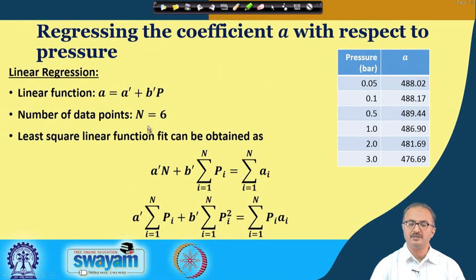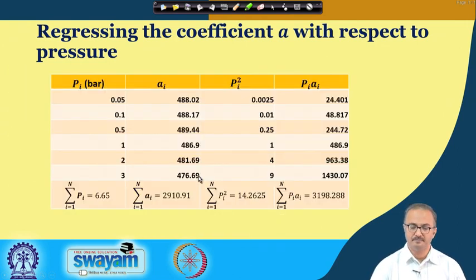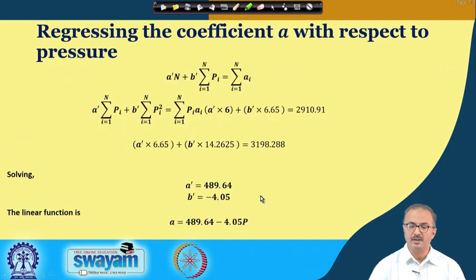With this we apply the least square method, and this table tabulates all the variable values needed for the regression. Finally we get the values of A prime and B prime, which show how A changes with pressure.